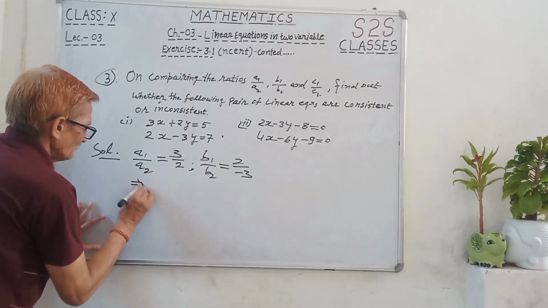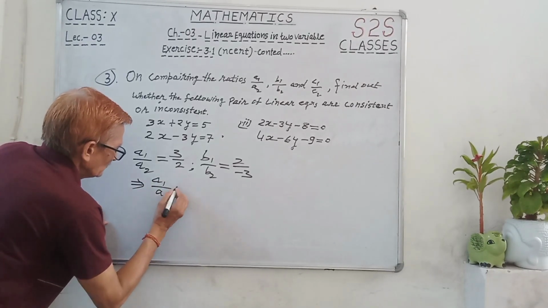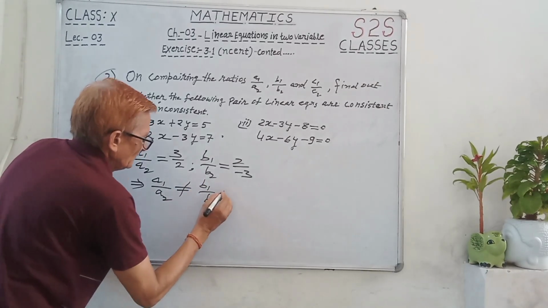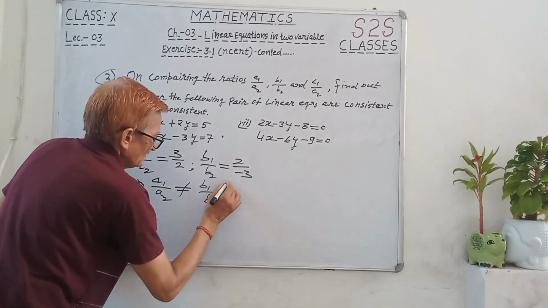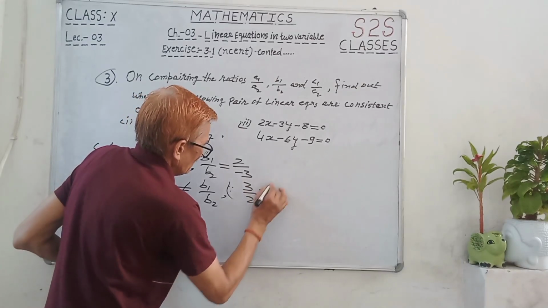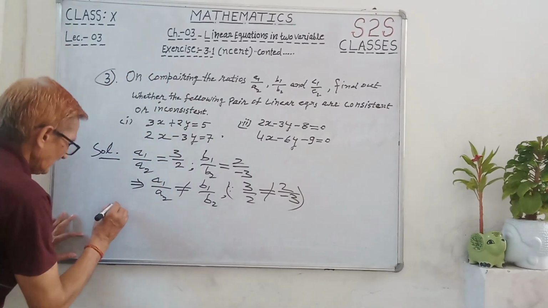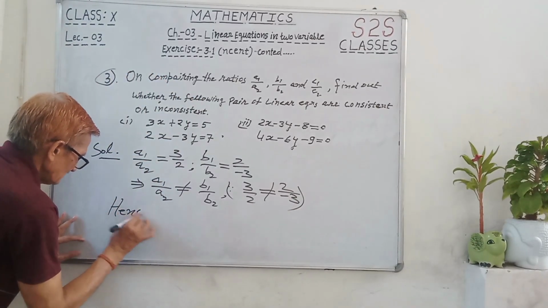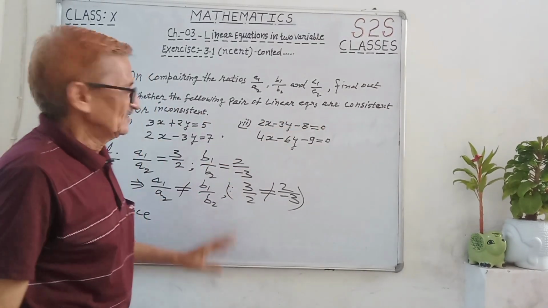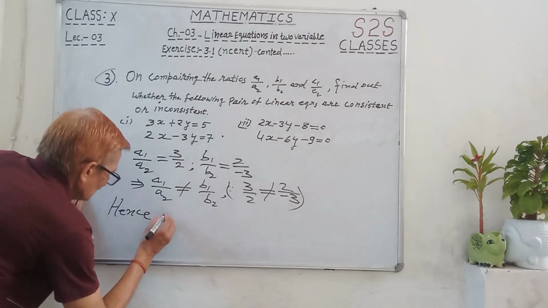This implies A1 upon A2 is not equal to B1 upon B2, because 3 upon 2 is not equal to 2 upon minus 3. Hence the pair of linear equations is consistent.